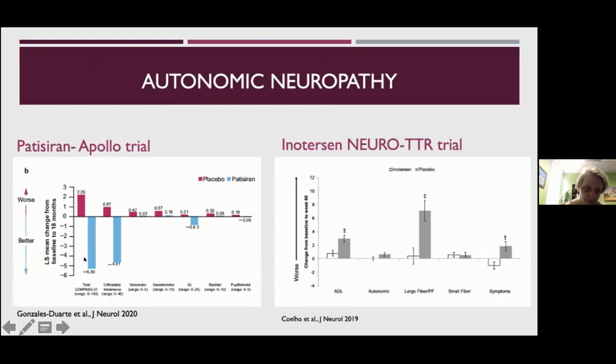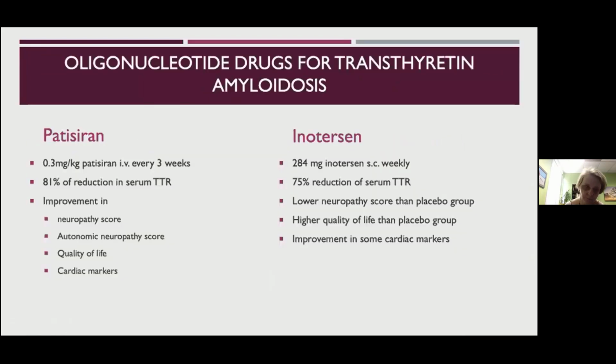Excitingly, patisiran showed an improvement in almost all areas of autonomic neuropathy. This is a scale, and also in particular orthostatic intolerance and GI symptoms. And inotersen also showed less progression of autonomic symptoms. Patisiran is given 0.3 mg/kg IV every 3 weeks.